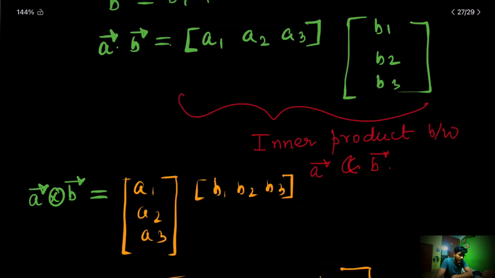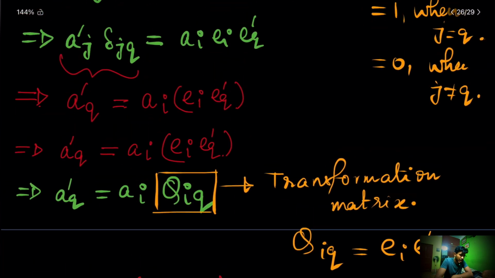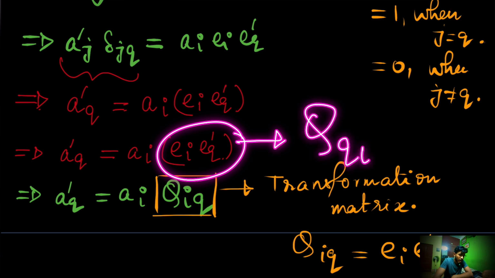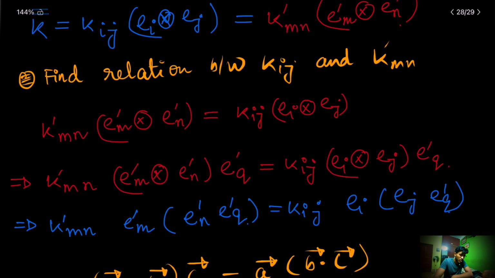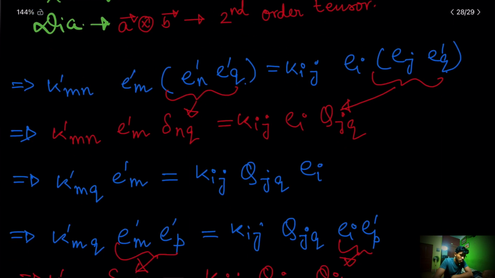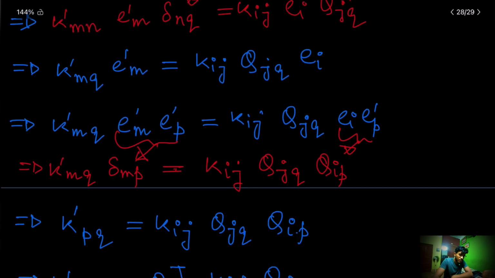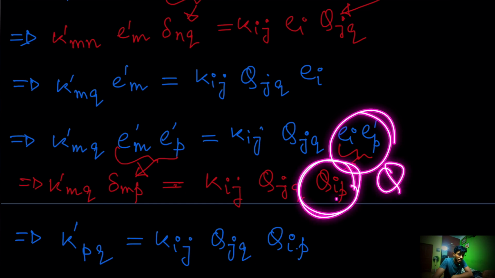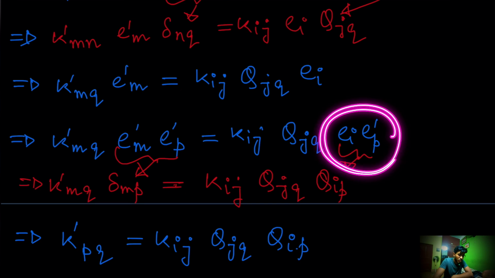Again I am repeating, had I defined this as Qi instead of Qiq, then all these definitions would have been QPI instead of QIP. So this thing is important.